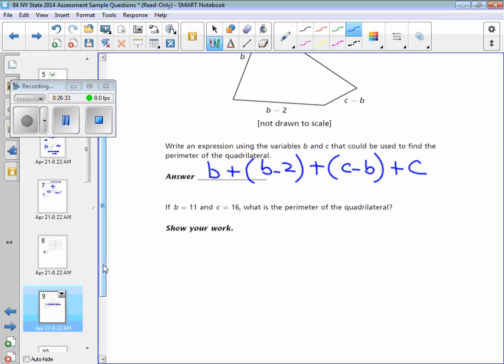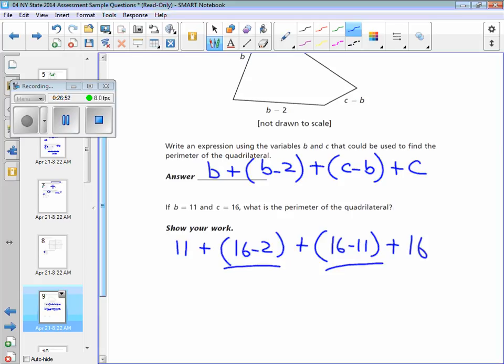So my B is 11. 16 minus 2. 16 minus 11 plus 16. Now it's PEMDAS. Do this first. You get 14. 5. Bring everything else down.